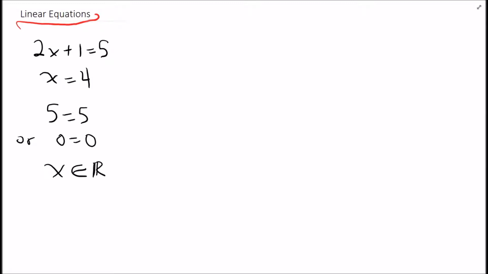And when they write it like that, x with the kind of curved e and then an r, the curved e means is an element of, and then the r with kind of a double line on the left hand side means the real numbers.